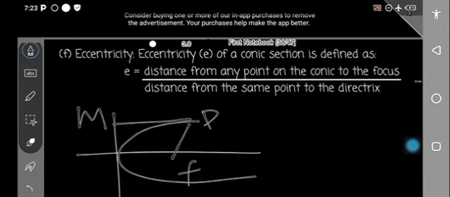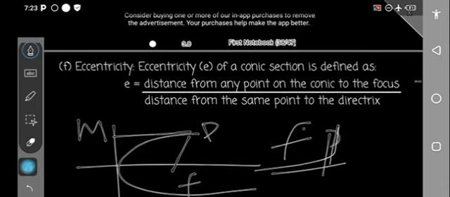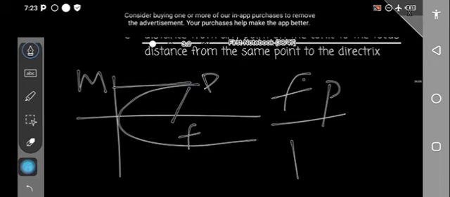So the eccentricity is defined as the distance from P to the focus, that is FP, over the distance from the same point to the directrix, that is PM. So that means this line FP over this line.